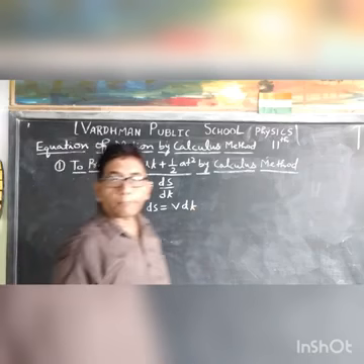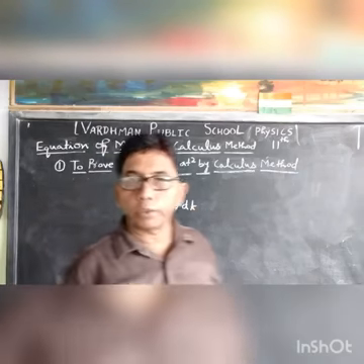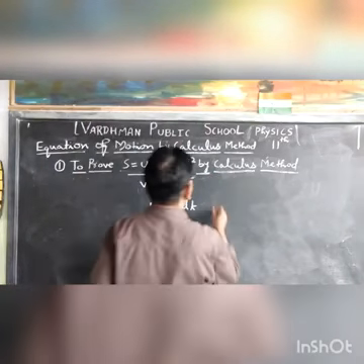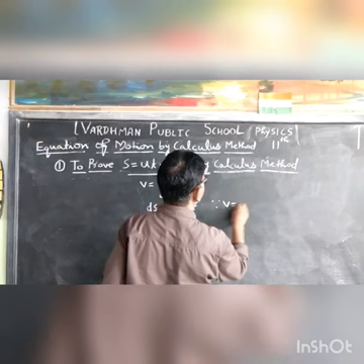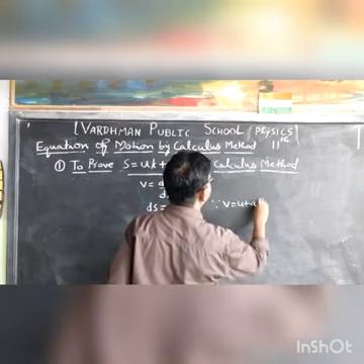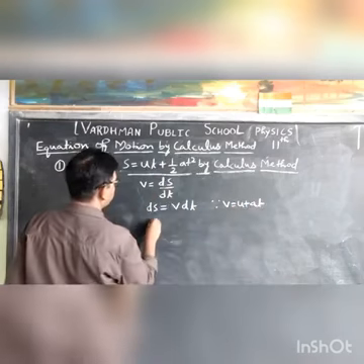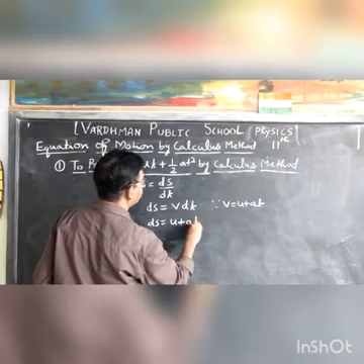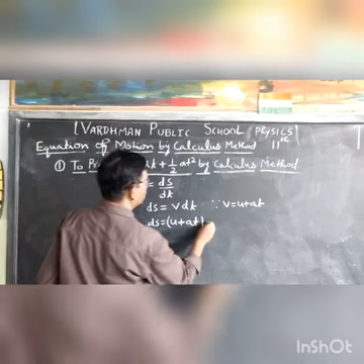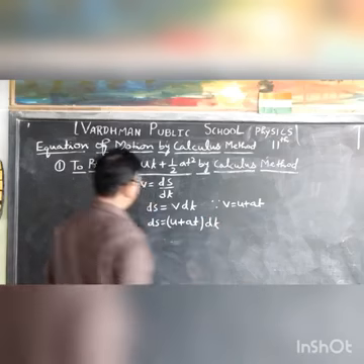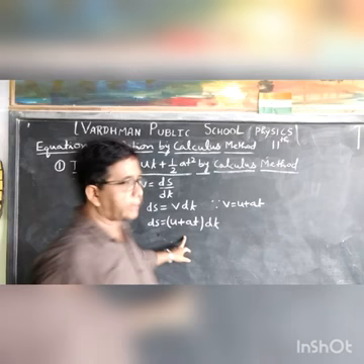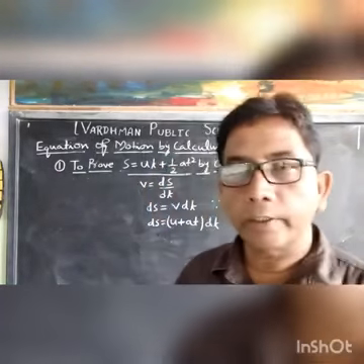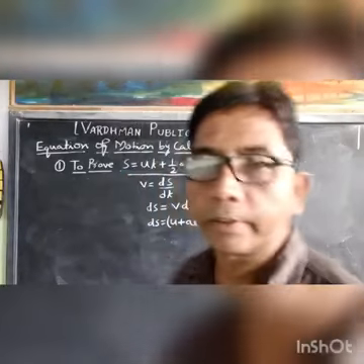Now from the first equation of motion, v = u + at, so ds = (u + at) dt. Now we will integrate this equation on both sides, taking lower limit and upper limit.